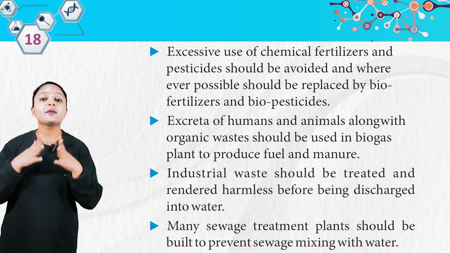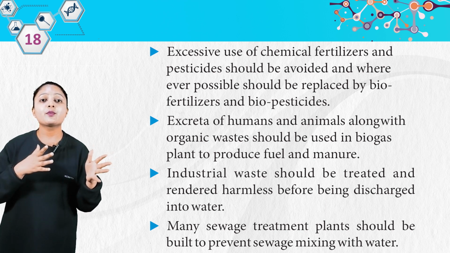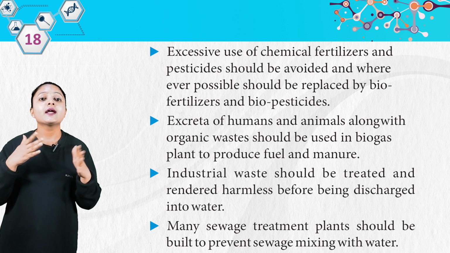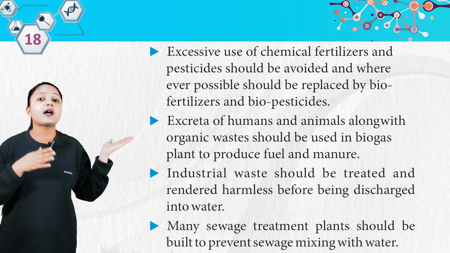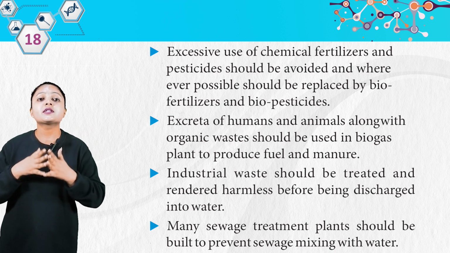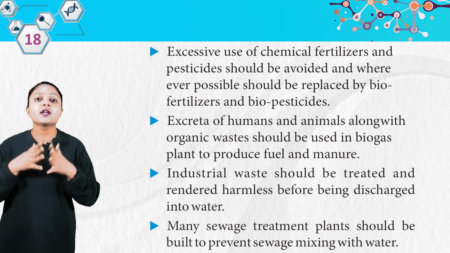Excessive use of chemical fertilizer and pesticides should be avoided and wherever possible should be replaced by biofertilizers and biopesticides. Excreta of human and animals along with organic waste should be used in biogas plants to produce fuel and manure.